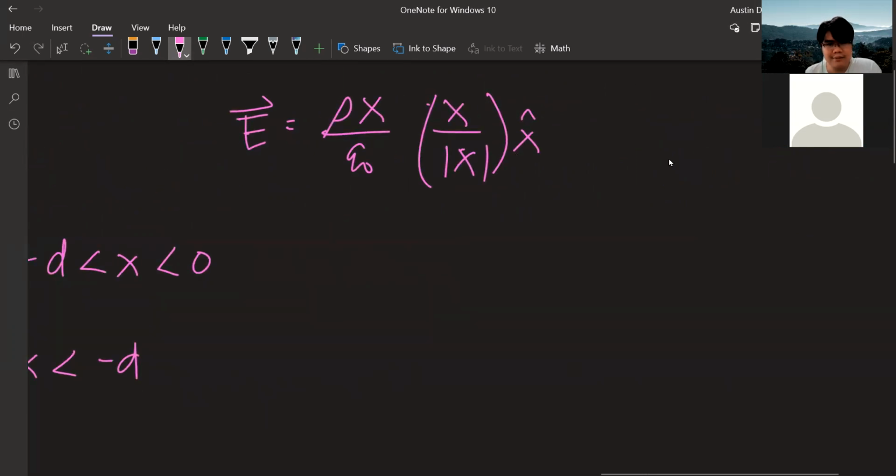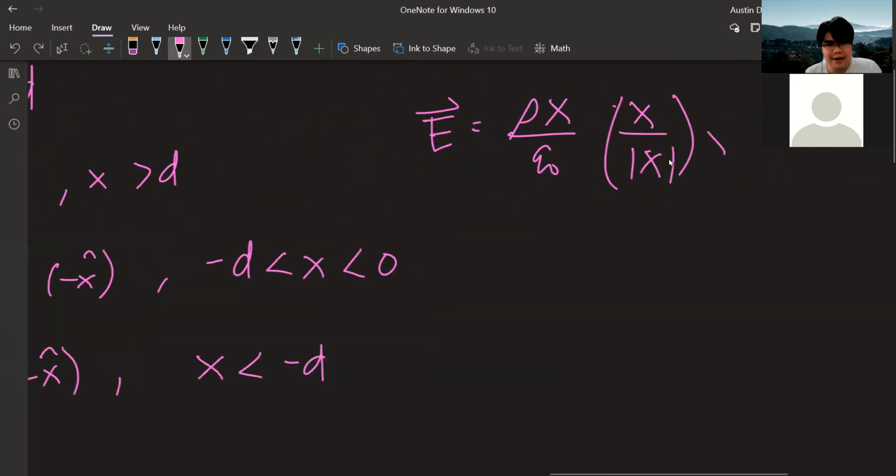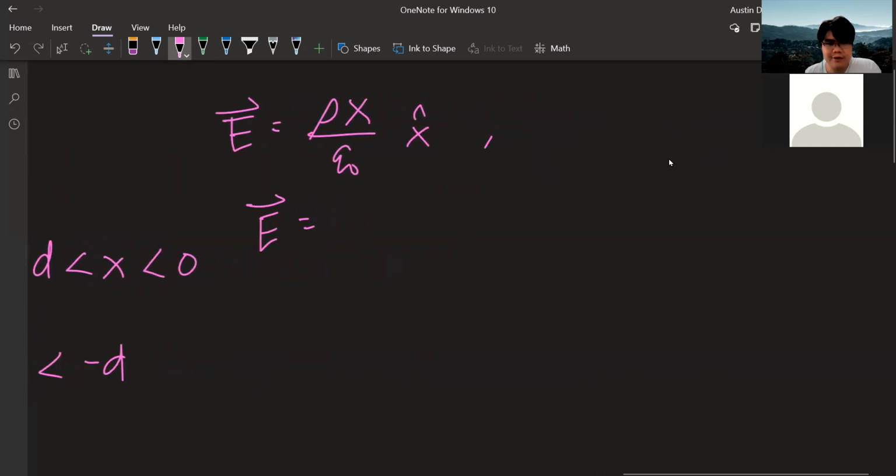Hindi. Actually, okay na pala yan. Mali. By hindsight, mali siya. Okay, ito ay okay na. And then, for points x less than negative d, and then rho d.